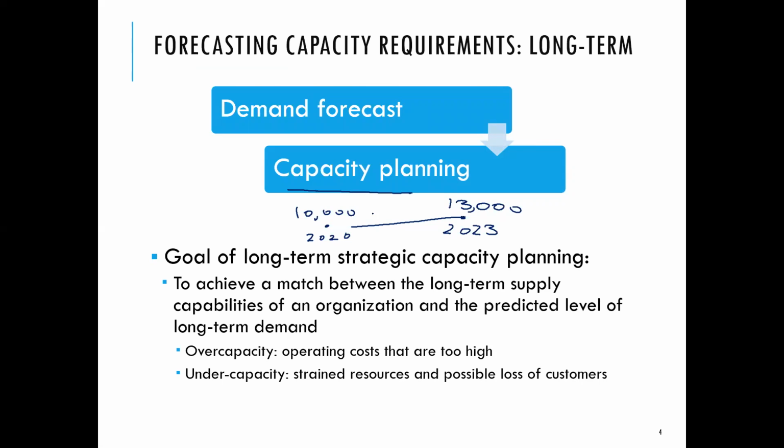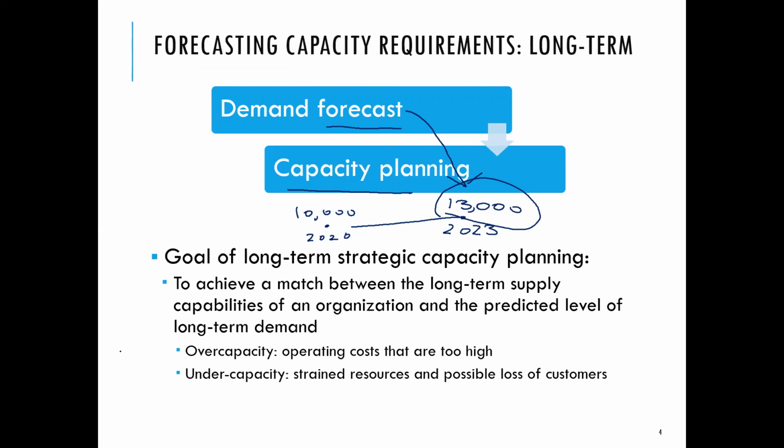And what we discussed was that even though this is what is the expectation, predominantly this number is a forecast. It's the demand forecast that is driving this number. However, based on this number, we would expand our capacity.